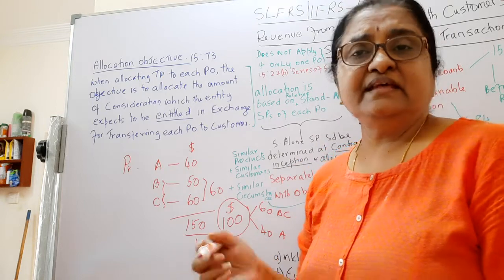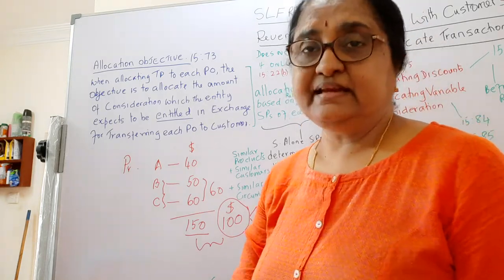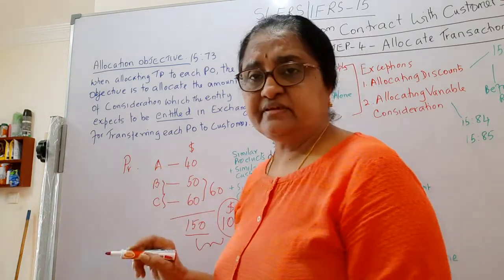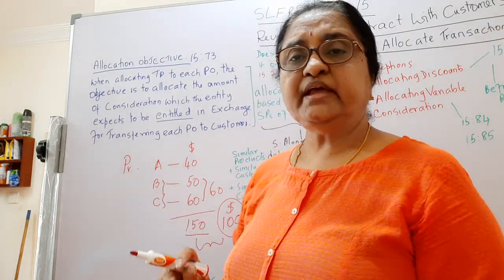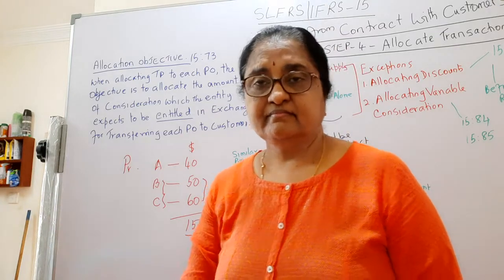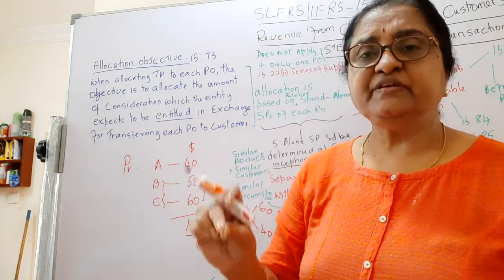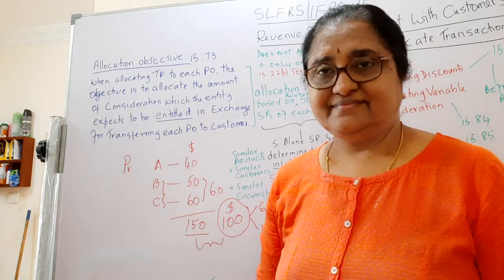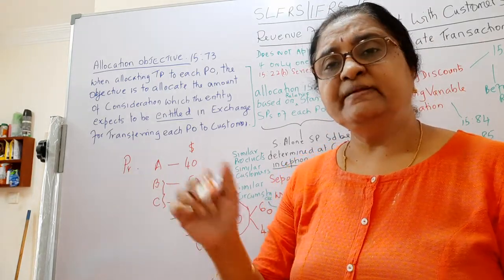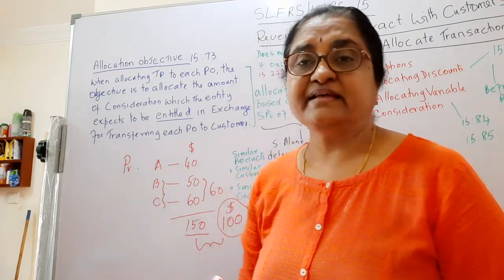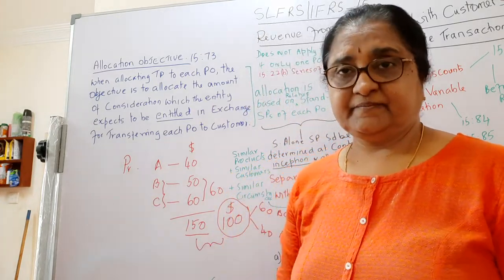The same thing applies to variable consideration as well. For example, for one performance obligation or one product, you get a performance bonus based on sales-based royalties, 2% of the sales. So you estimate what the 2% of the sales will be and allocate the transaction price accordingly.